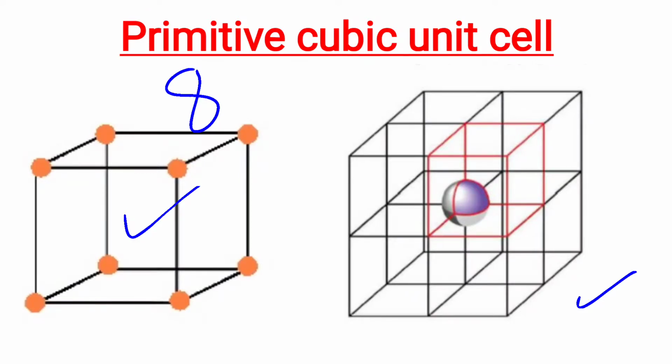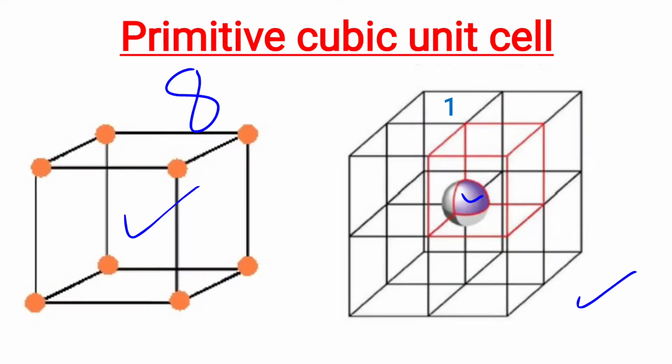There is a cube that has been lined in a red-orange shade. So we are talking about this unit cell, and there is a corner atom. What we are able to see is that the corner atom does not belong only to the colored unit cell. It is shared between 8 unit cells.